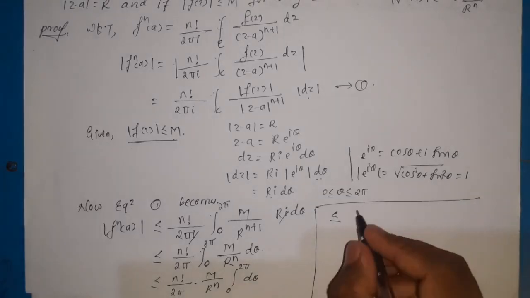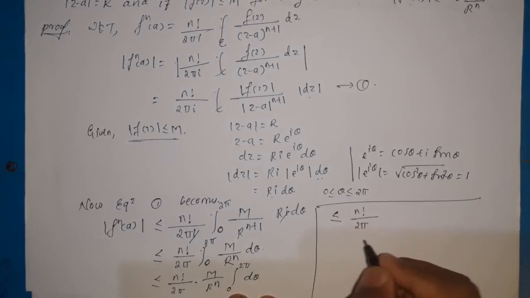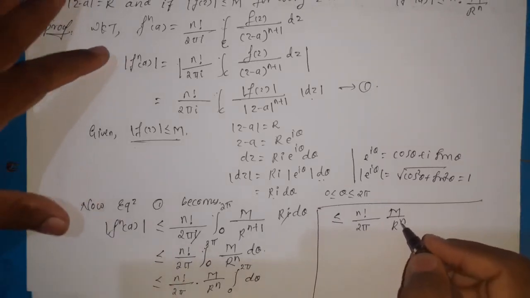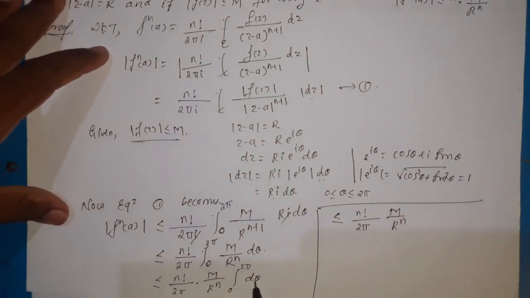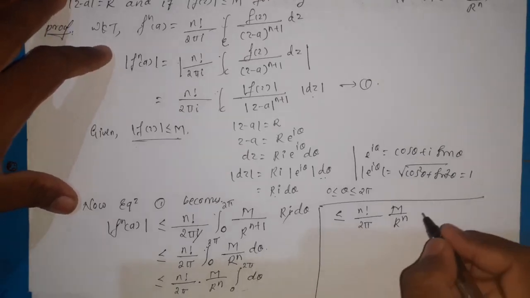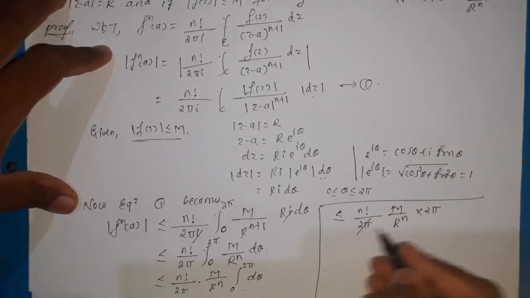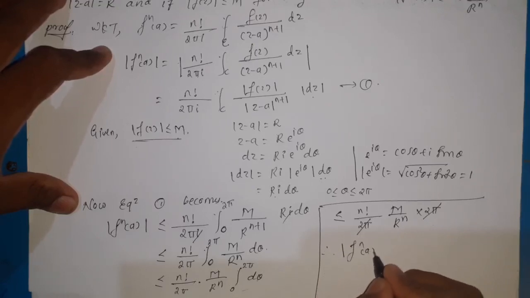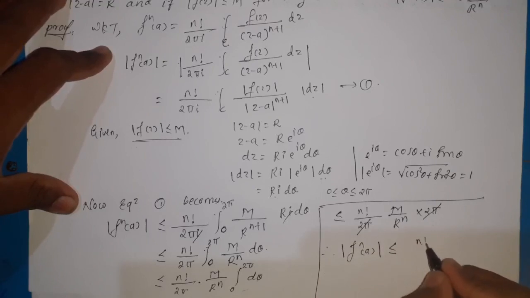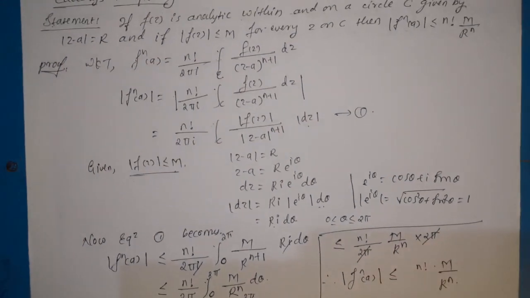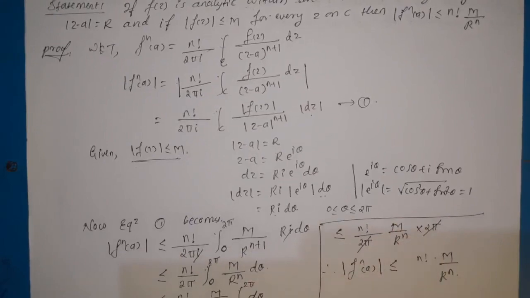Integration of d theta is theta, and the limits are 2 pi and 0, so its value is 2 pi. Therefore 2 pi and 2 pi get cancelled. Therefore |f^(n)(a)| is less than or equal to n! into M divided by R^n, which is the required proof of Cauchy's inequality.